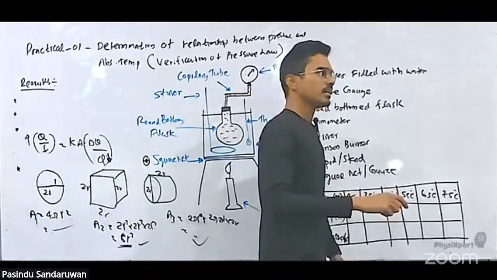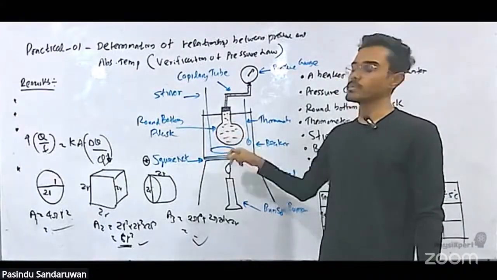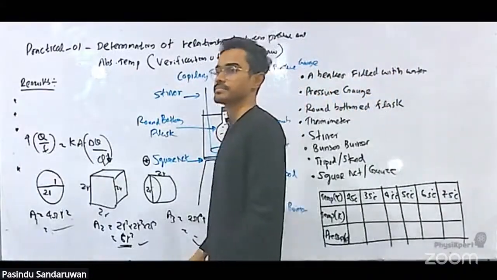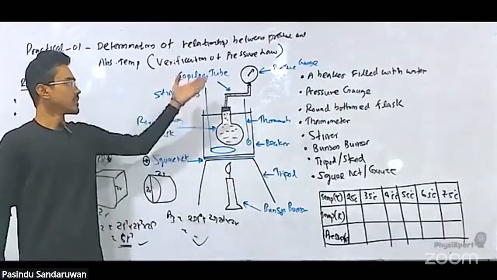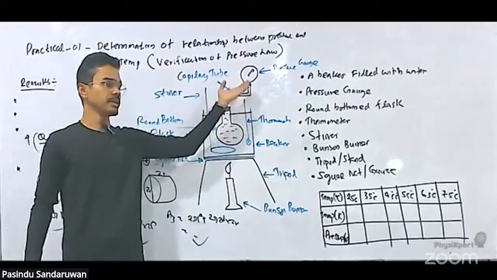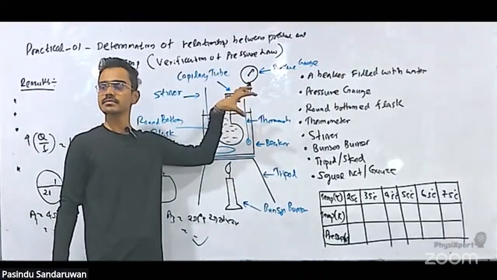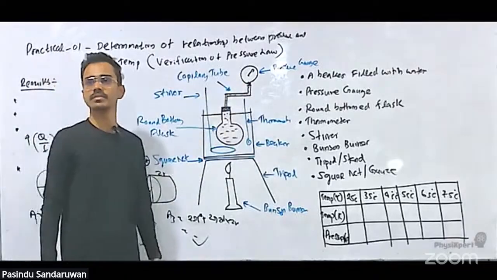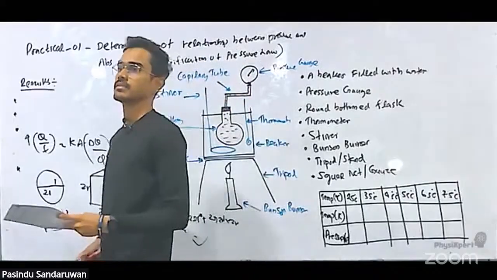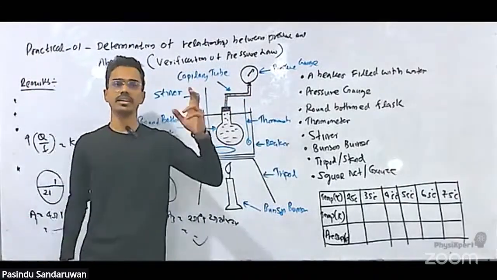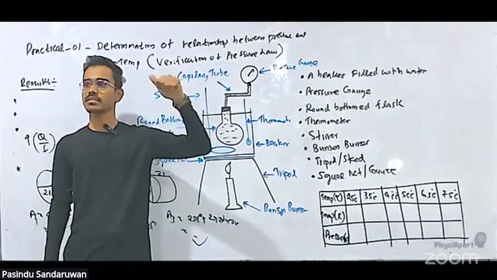Next thing, I gave you this point when we were discussing thermometers: verification of pressure law and the setup. This setup is like a thermometer we know. This is a demonstration of a popular thermometer we have. How many gas thermometers do we have? Two: constant volume gas and constant pressure gas.